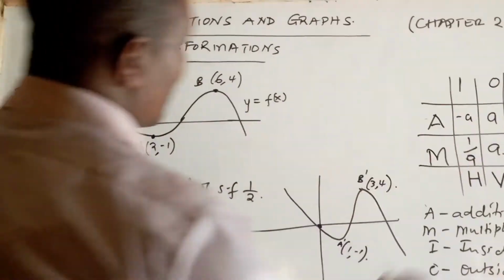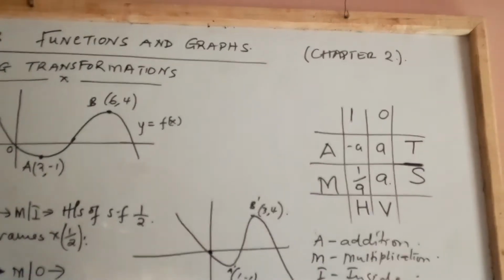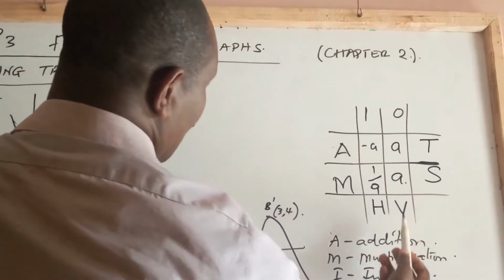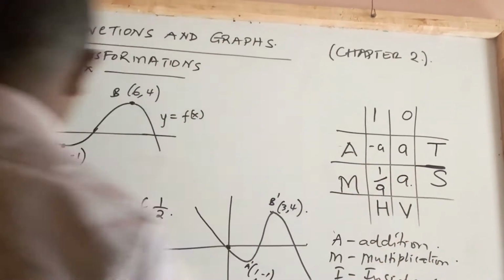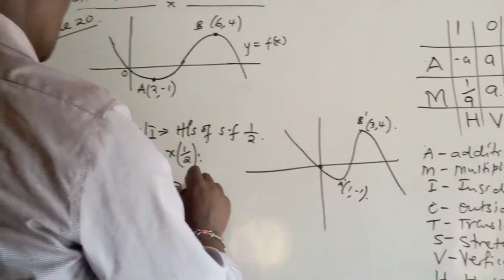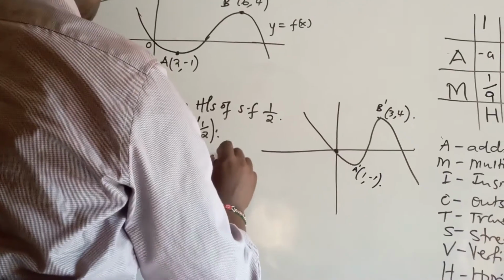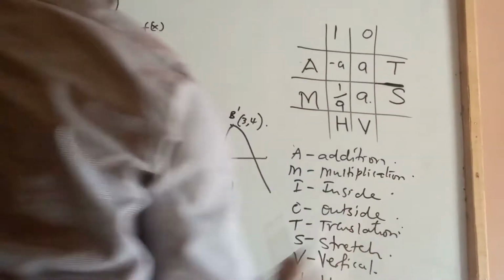And according to Mayo, multiplication outside is a vertical stretch of scale factor a. Our a here happens to be a quarter. This is a vertical stretch of scale factor a quarter, because it is multiplication and outside.